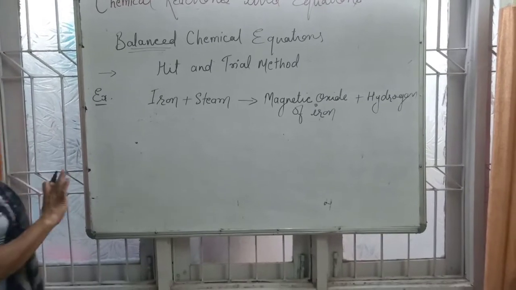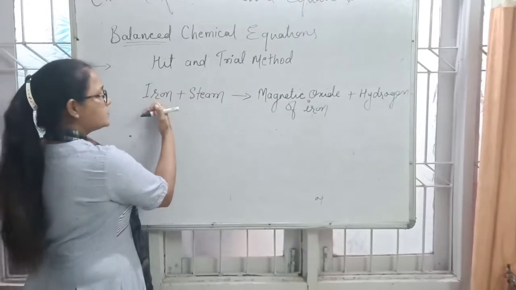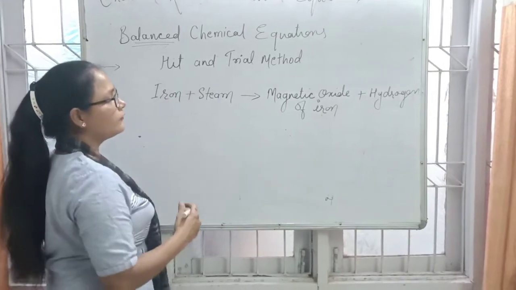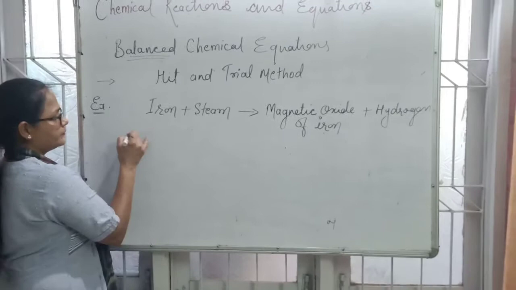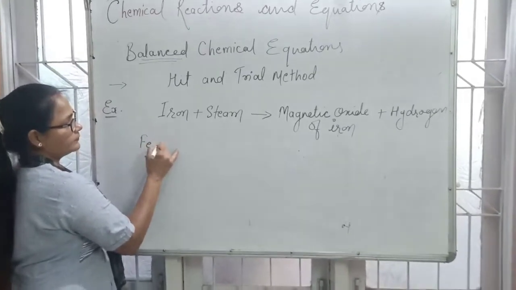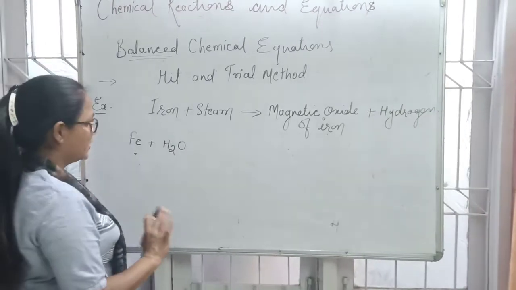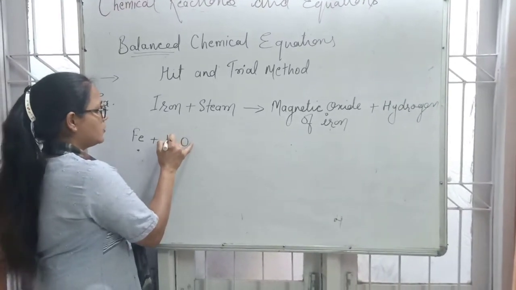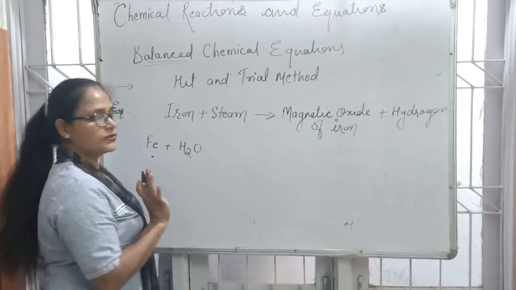This is a word equation. In the first step, we simply write this word equation in the form of symbols and formulas. Iron, that is Fe. Steam means H2O. Steam actually means water in a gaseous state, but here I will simply write H2O.